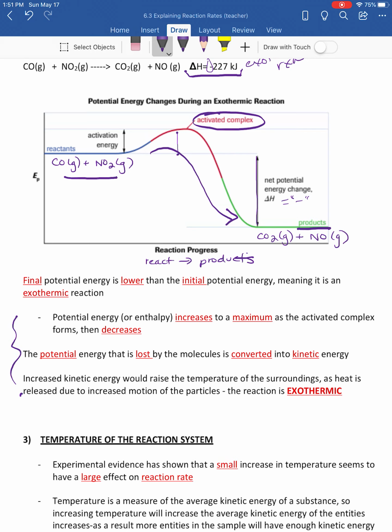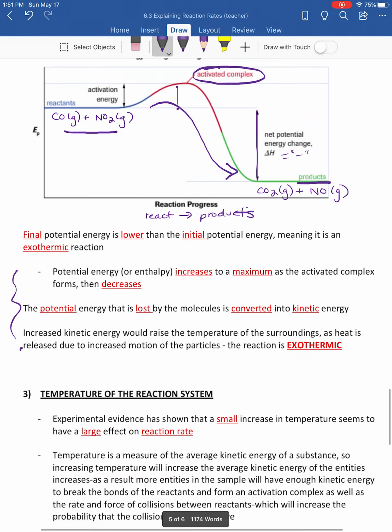So when I said to you the gold standard was temperature, it's because temperature not only increases the frequency of collision, but it also increases the percent of efficient collisions. It does both. So a lot of times, if we want to increase the rate of a reaction, we heat it up.